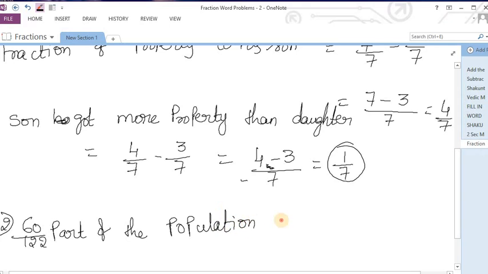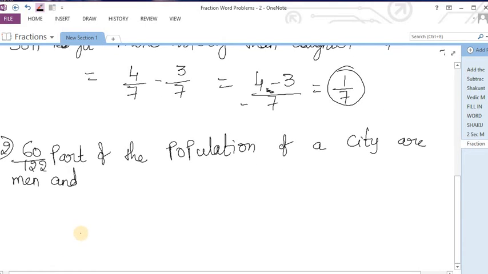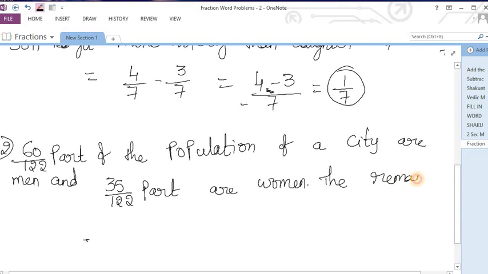60 by 122 part of the population of a city are men and 35 by 122 part are women. The remaining are children.